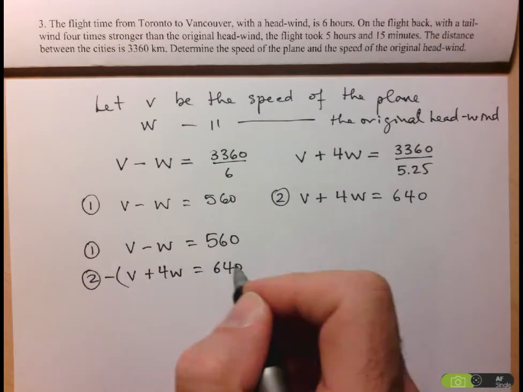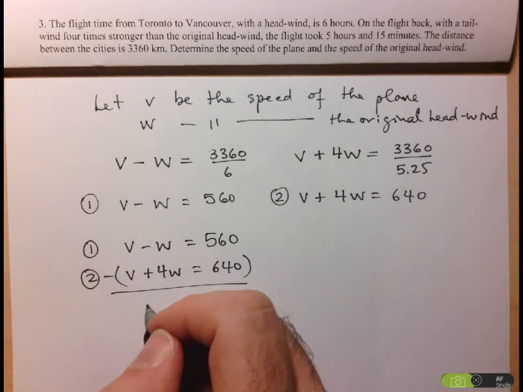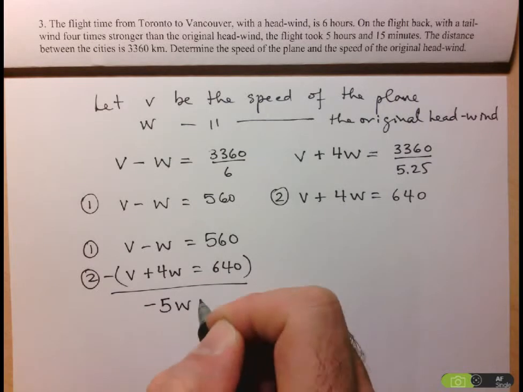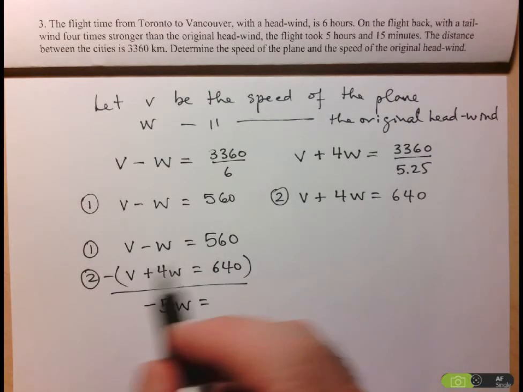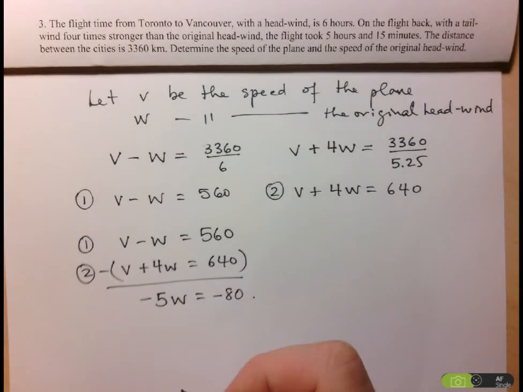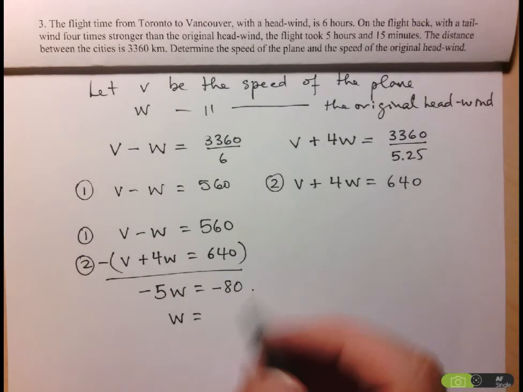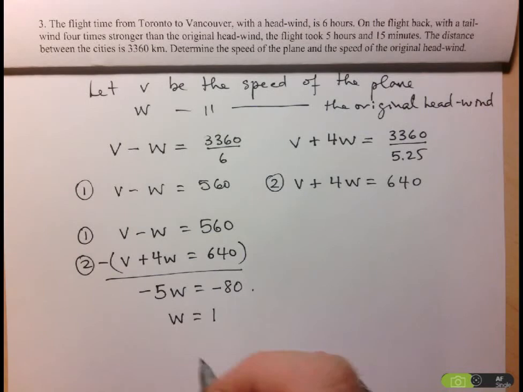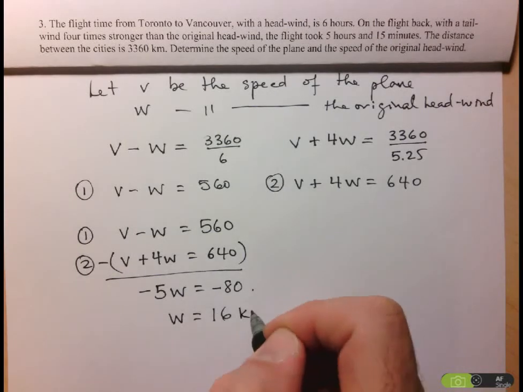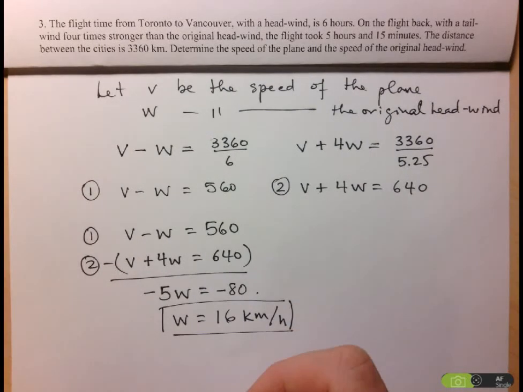So we're going to subtract these to eliminate the v variable, and we're left with negative w minus 4w, so negative 5w is equal to 560 minus 640, that's negative 80. And so here w is equal to, well, 80 divided by 5 is 16. So we have here the answer for our original headwind, which is 16 kilometers per hour.